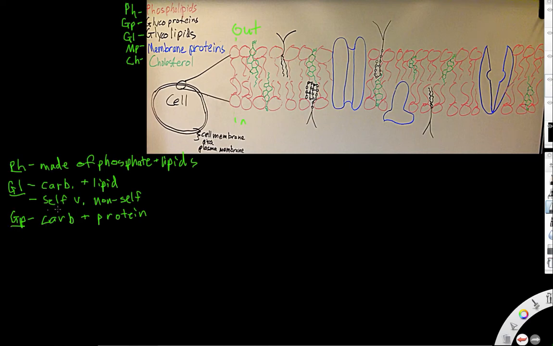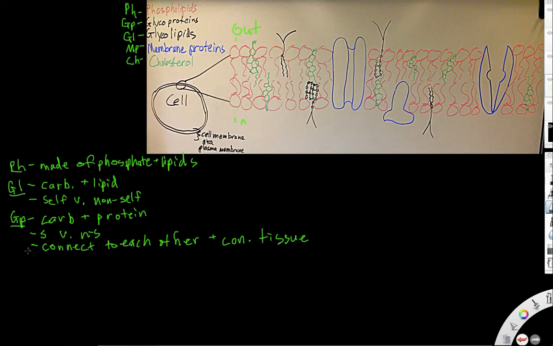And these are also used for the same self versus non-self recognition, and they are also used by cells to connect to each other and to structures like connective tissue. Each other, and connective tissue.